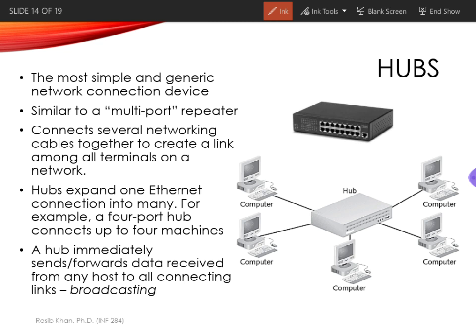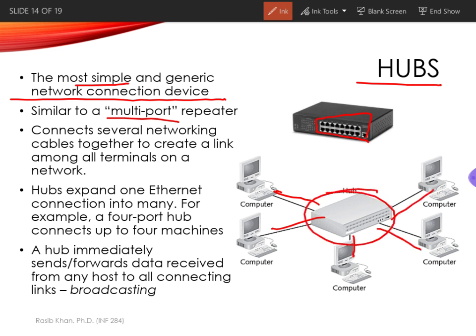The next device, a bit more interesting in that sense, are hubs. However, it's probably still the most simple and generic network connection device that you have. It's somewhat similar to a multi-port repeater, which means that, as you can see here, it features a bunch of ports, and you can have all these devices connect to a single hub, and the hub also works in the physical layer.